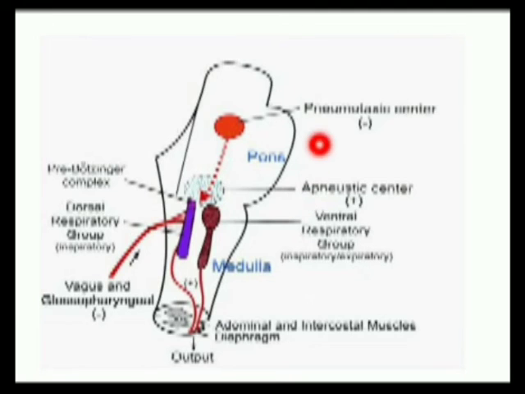The pneumotaxic center inhibits the dorsal respiratory group, and the apneustic center has a positive effect. It inhibits the pneumotaxic center, and as a result the inhibitory effect of the pneumotaxic center is withdrawn. That's how the nervous system plays the major role in regulating our respiratory system. So this is our respiratory system.